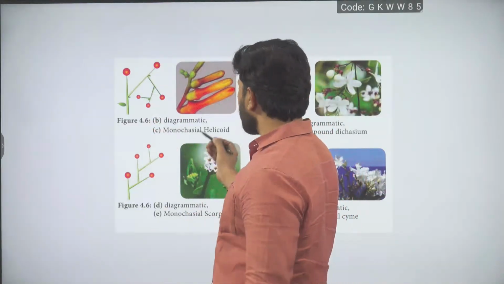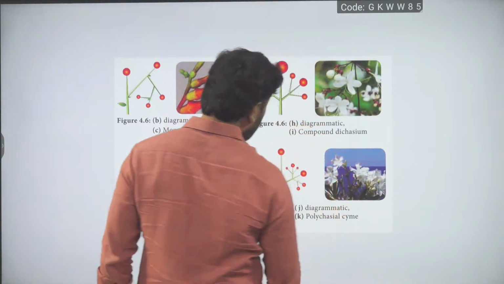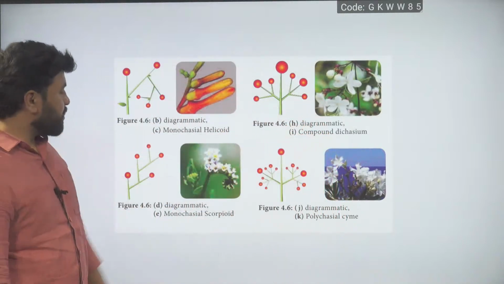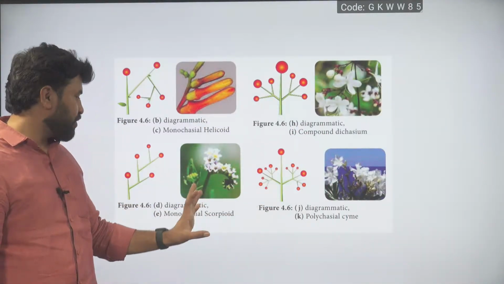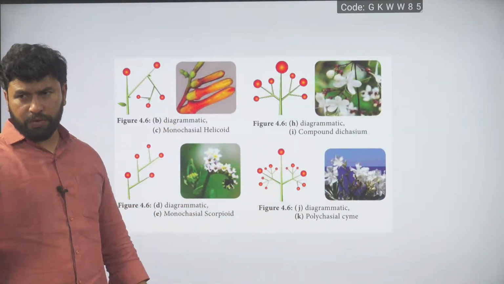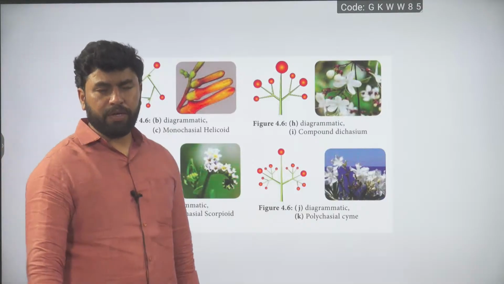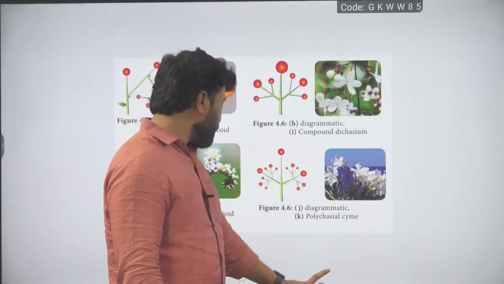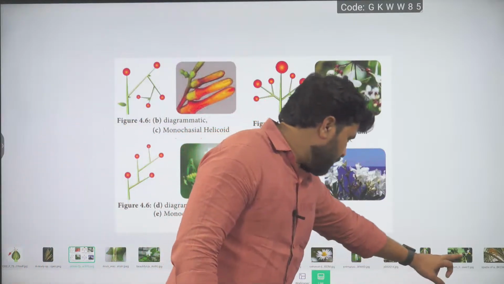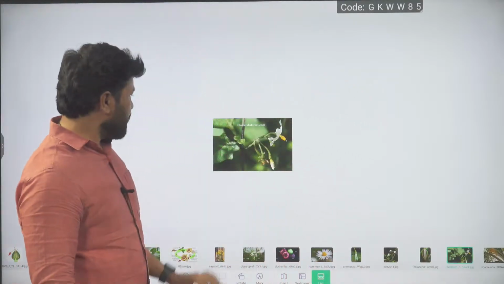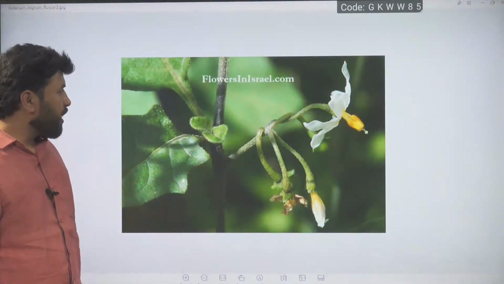It has variations in the name of monochasial cyme, polychasial cyme, dichasial cyme, etc. No need for all of them. Just remember the cymose inflorescence that they have given in our NCERT book is jasmine. And also Solanum. There is a plant I wanted to show you. This is Solanum nigrum.